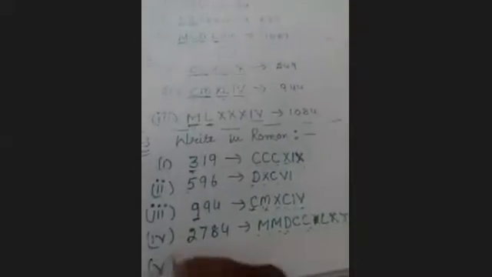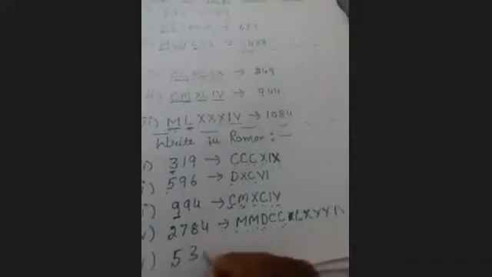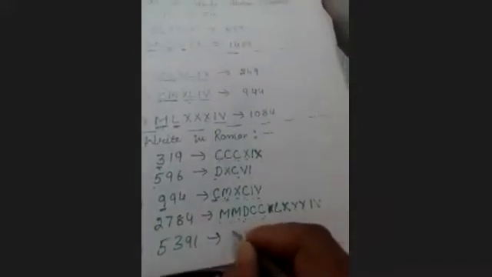Clear, students? Now the last one is 5391. Yes, students, for 5000 we use V with a bar on top. It means 5000.